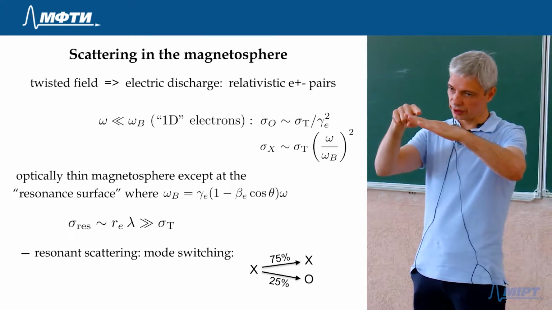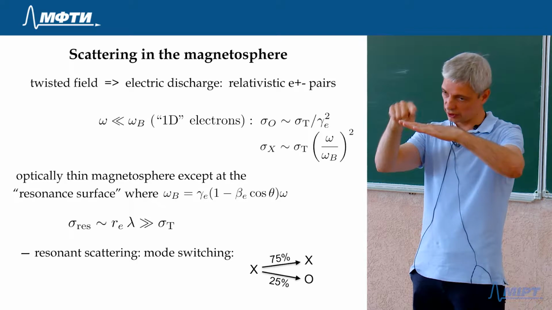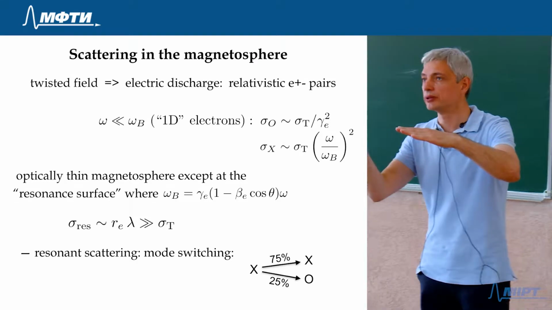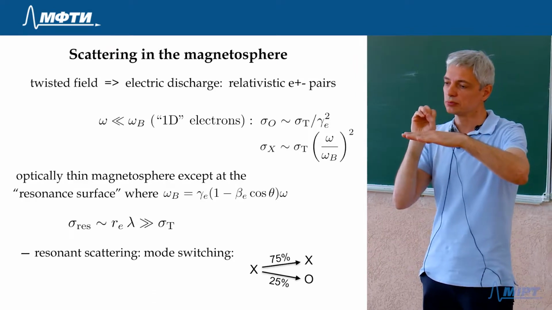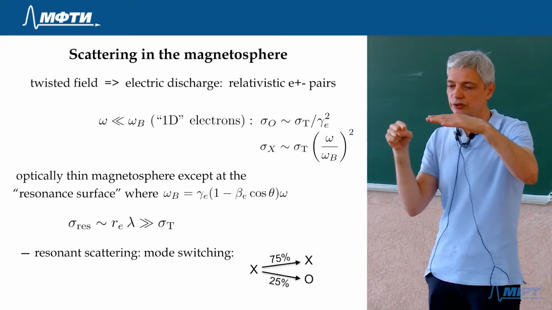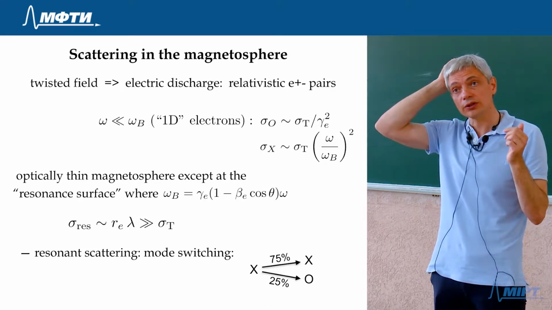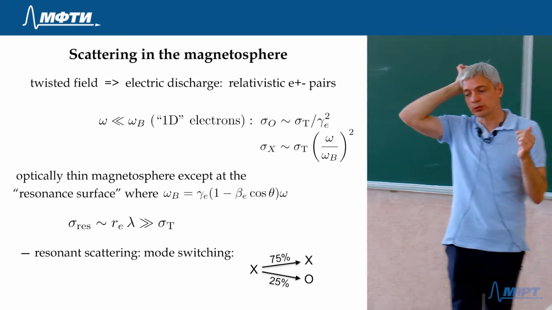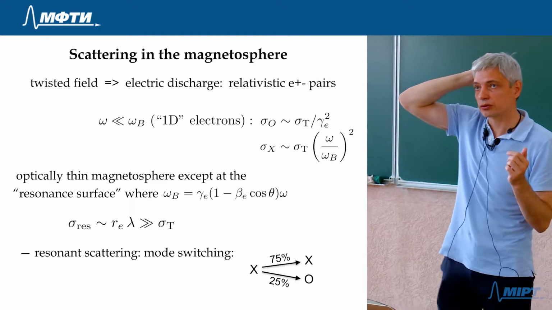Then a photon comes, and if the energy of the photon matches the difference between the first Landau level and the ground state, this h bar omega B, then the photon is absorbed and immediately emitted. It's one way of thinking about this resonance scattering. It's absorbed and re-emitted in a different direction. The cross-section for this resonance scattering process is much larger than the Thomson cross-section.